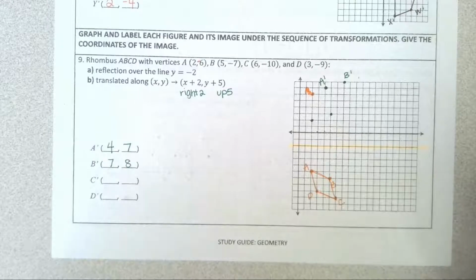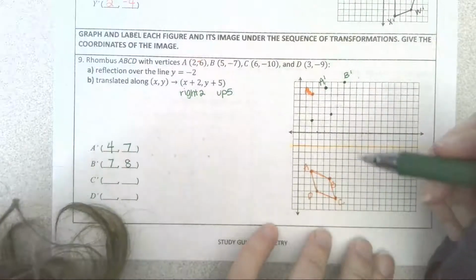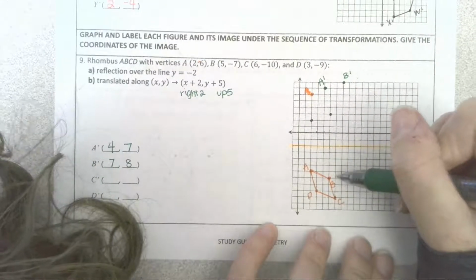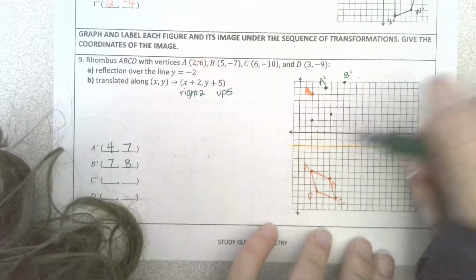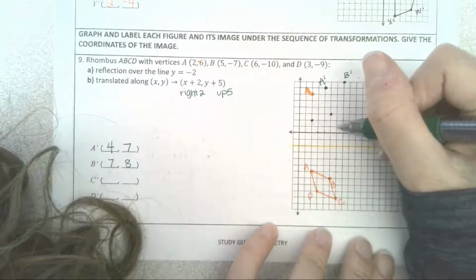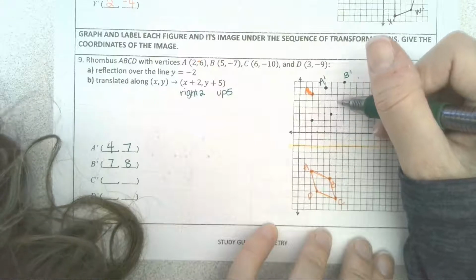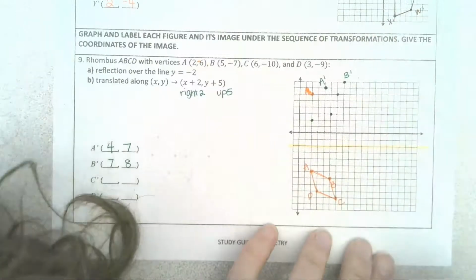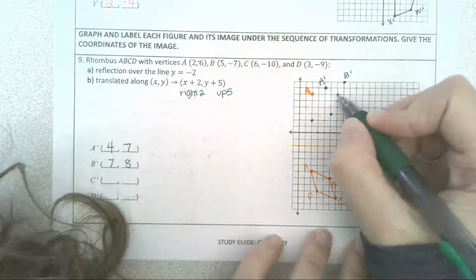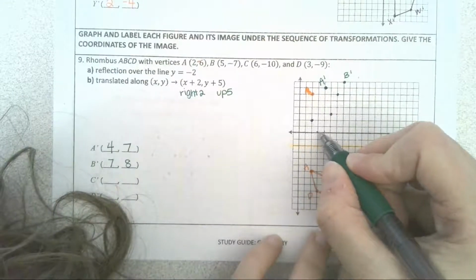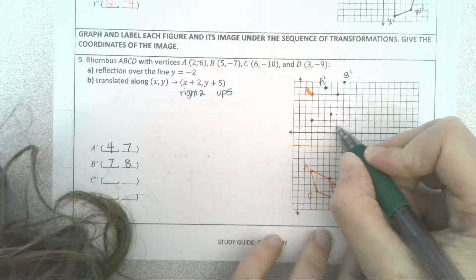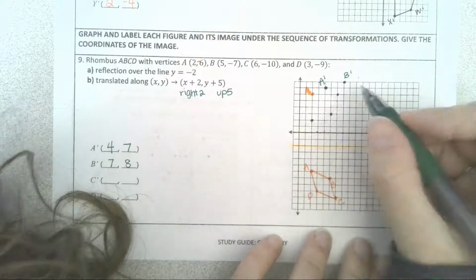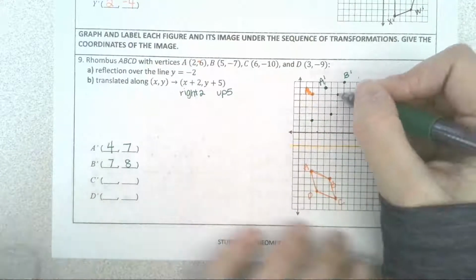Oh, and now we're going to move off of the grid because I messed up again. It's 8 units away, so then 8 units away on the other side. And from here, I can tell you that C is at 6, 6.